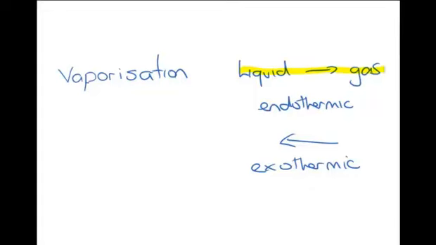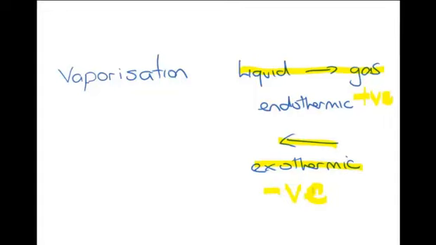We're putting energy in there, so whatever value that is, it's going to be positive. And if we do the reverse process, if we go from a gas to a liquid, then energy is going to be released, and that's going to be exothermic, so we'd expect the sign for that to be negative. And that's some understanding of those values.